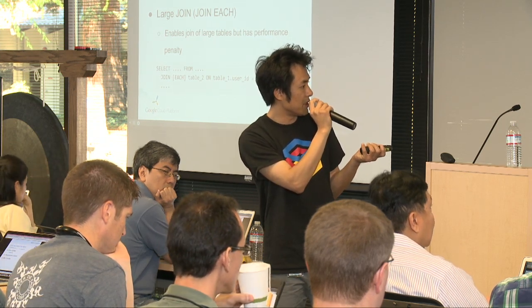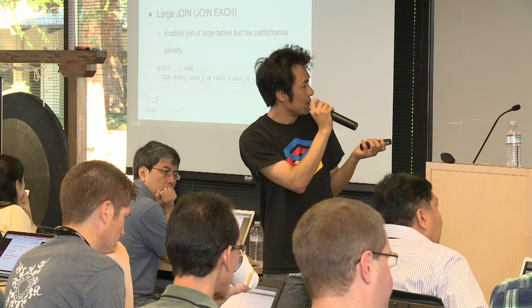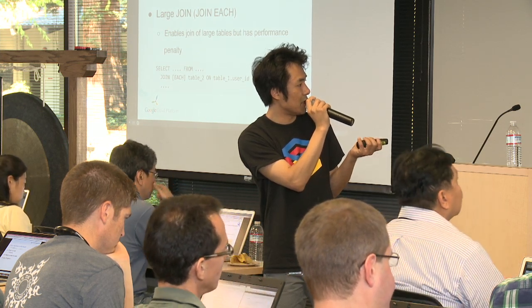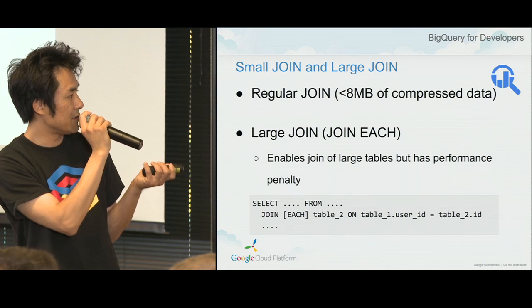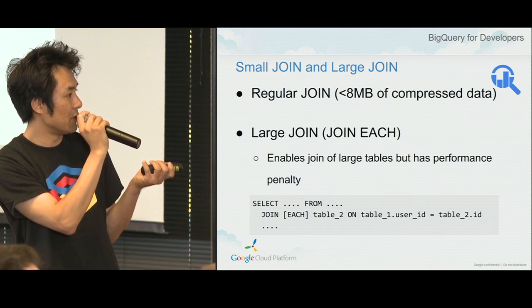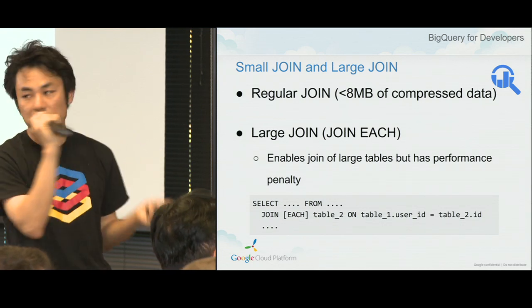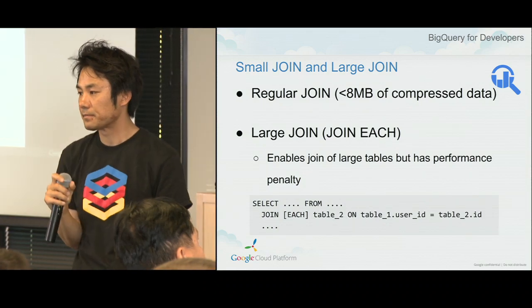So in this example, the table in from is the main table, and this table two is the joined table. So in this case, the size included in this table two must be less than 8 megabytes compressed.